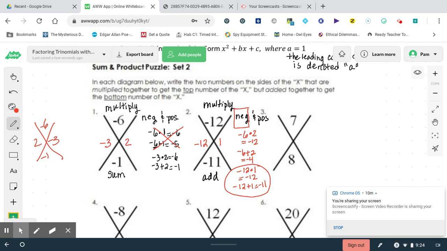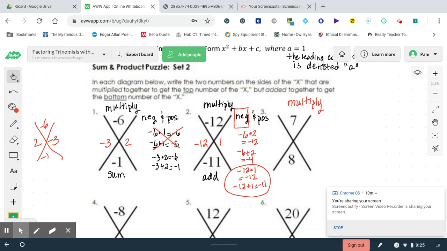All right, look at number 3. Number 3, the 7 is positive. So since the 7 is positive, that means I'm multiplying a negative times a negative, or I'm multiplying a positive times a positive. So if you want to figure out whether you're multiplying two negatives or two positives, you simply look down here. If this number is positive, you're multiplying two positives. If this number is negative, you're multiplying two negatives. All right.